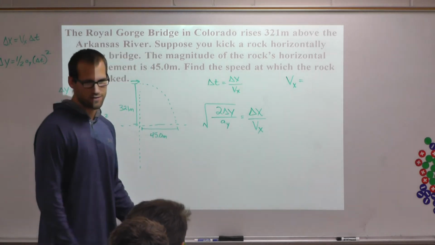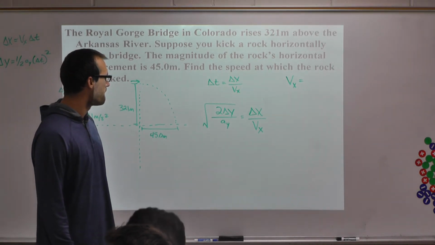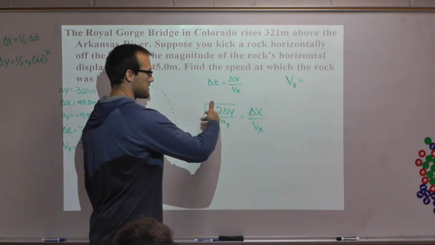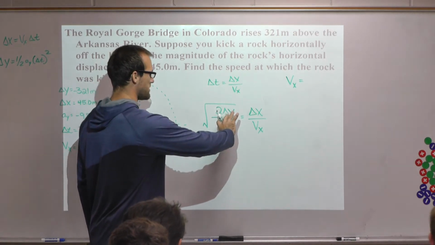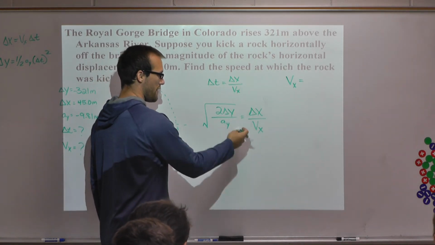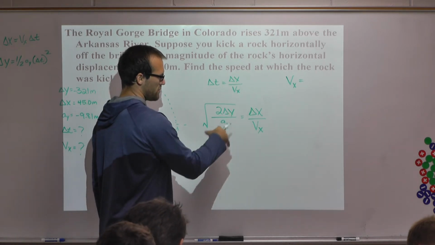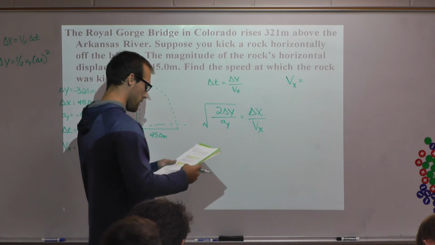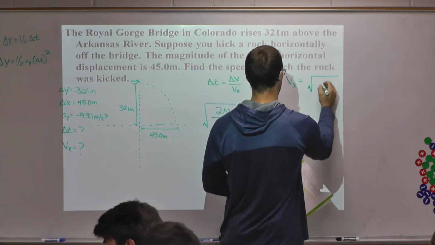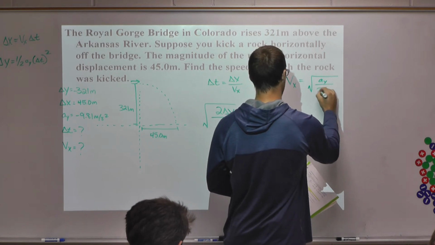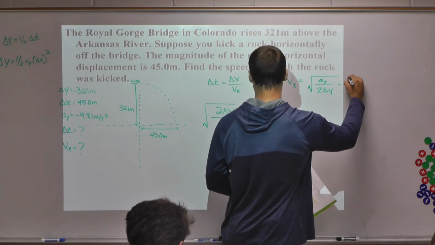If you divide by a square root with a fraction inside, what I would do is take the reciprocal of both, and then multiply by change in x. So you should get the reciprocal of what I have here: ay over 2 change in y, times change in x.